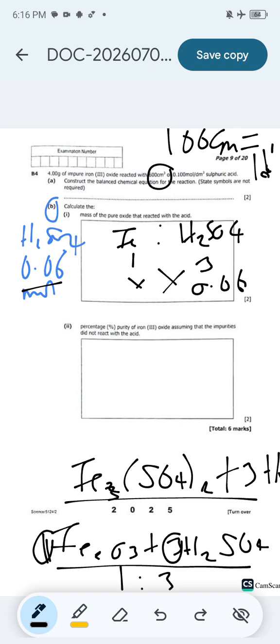So we cross multiply, and then 1 by 0.06. So this is basically like for us to find the number of moles for iron 3 oxide, we'll need 1 times 0.06, then X times 3, that is basically 3X.